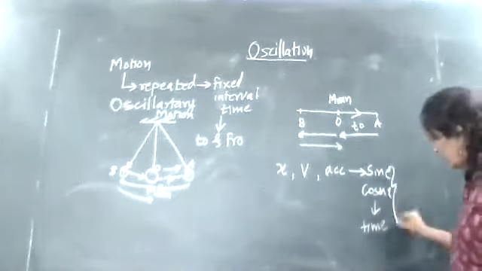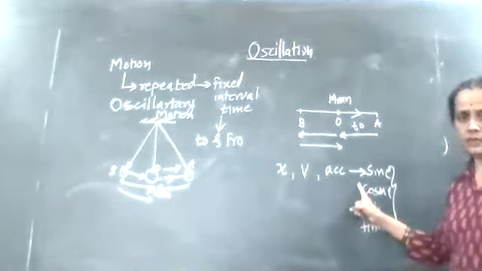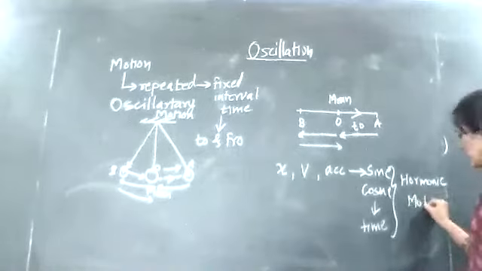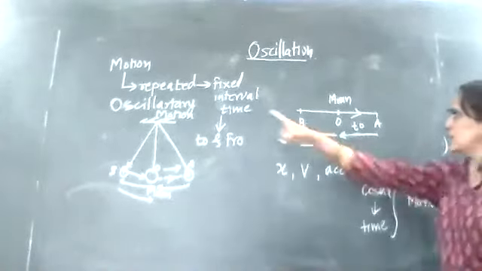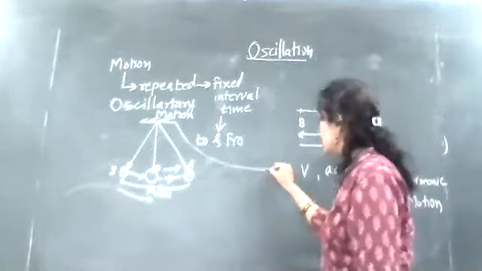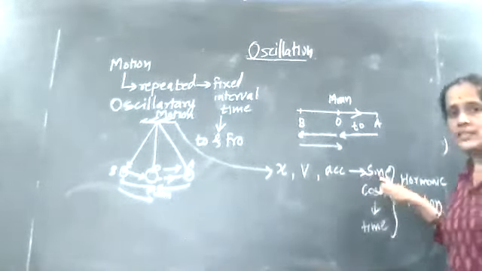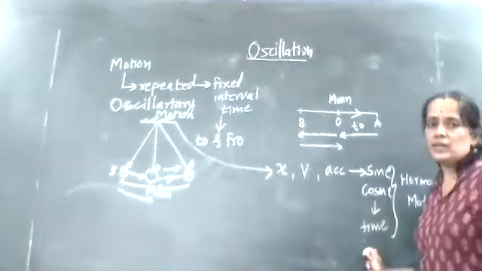And therefore, this type of motion is to be called a harmonic motion. Because in oscillatory motion, displacement, velocity, acceleration are sine and cosine time dependent functions.